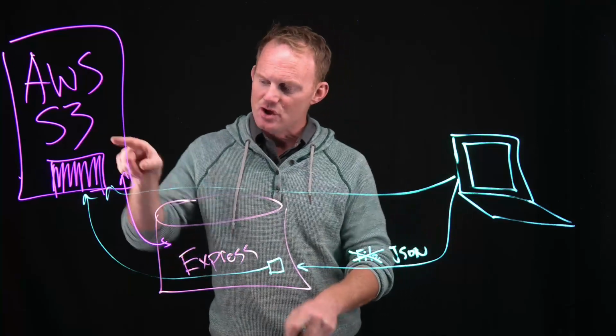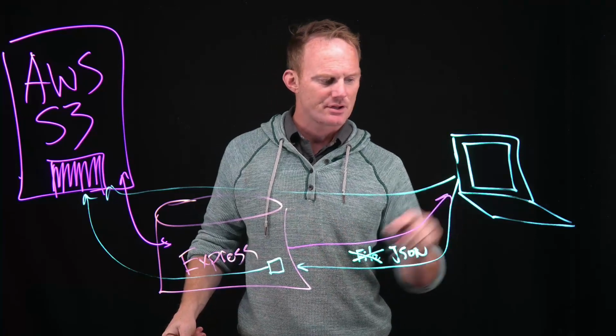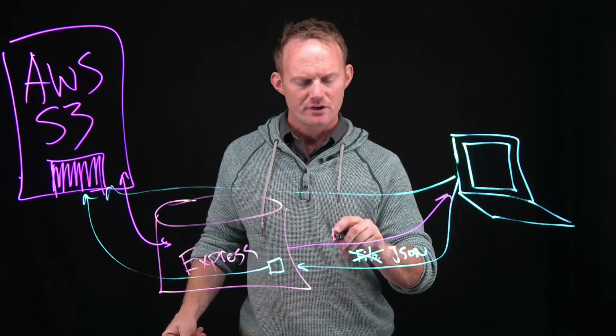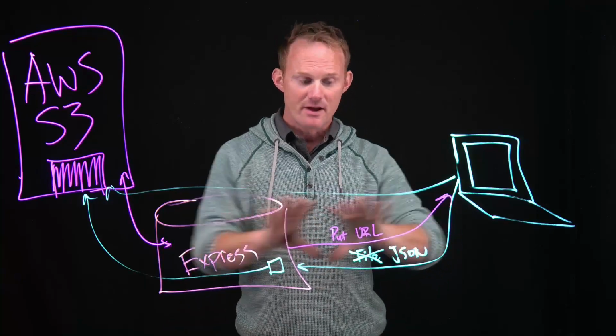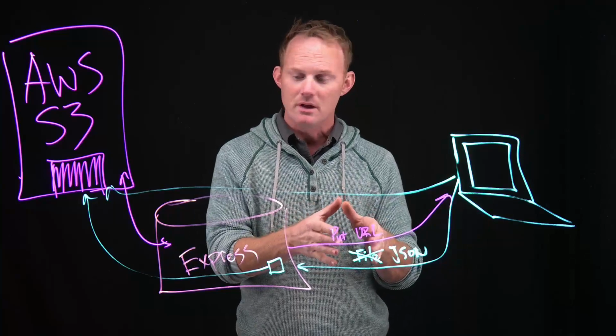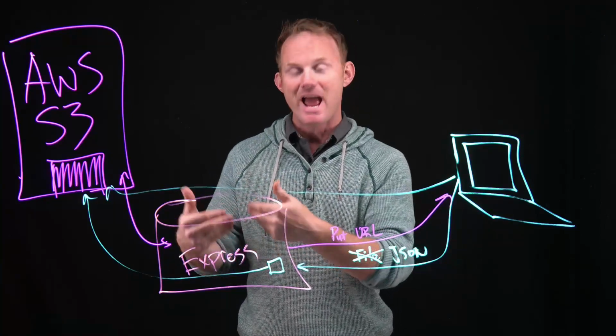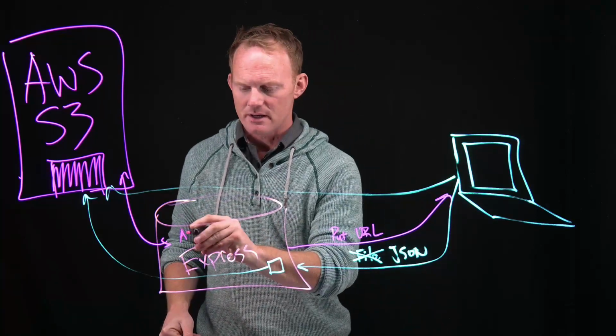Okay? That URL will come back. Express will send that back out to the browser. So this is called a put URL. Okay, they're done for now. Express has done its part in generating a URL that can be validated and protected because we're going to have access keys on here, and I'll even write that in here.